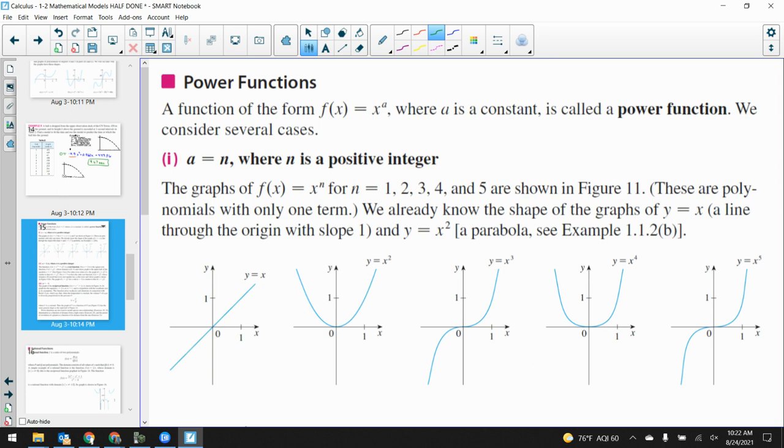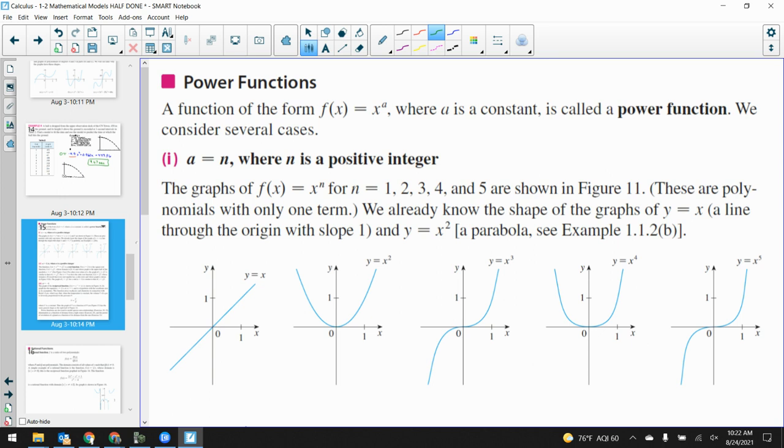This is our polynomial functions, right? X squared, x to the third, x to the fourth, x to the fifth, and so on and so forth. Remember, there's a lot of things that we know. If it's x to the second, fourth, sixth, eighth, an even power, they're both going to go up. Remember positive, even? Remember my end behavior dance? Those of you who had me?